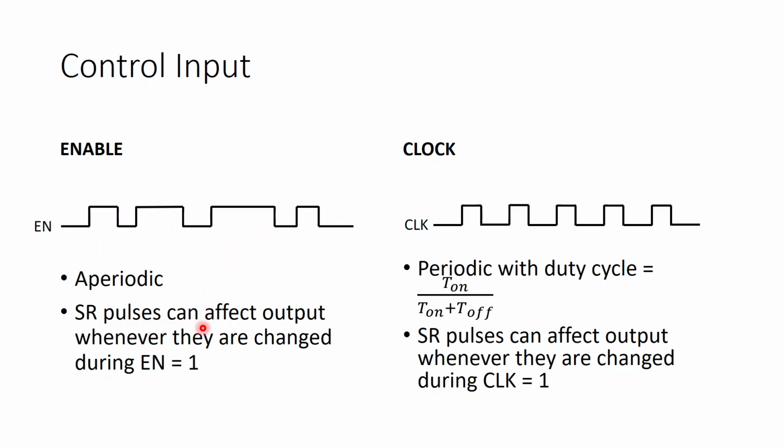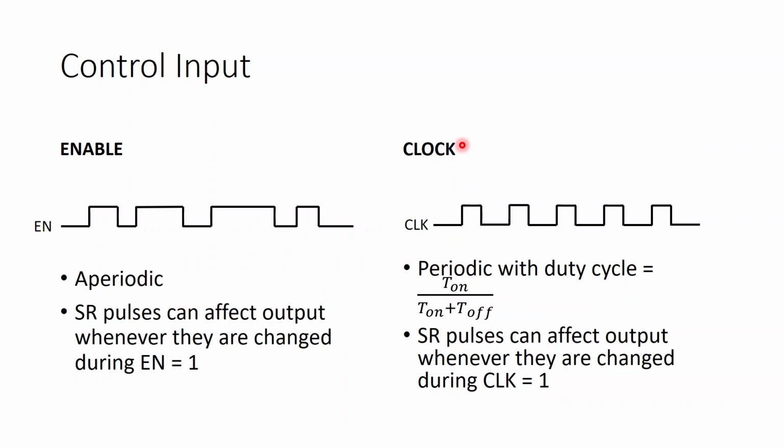The SR pulses will affect the output whenever they are changed during EN equals 1. Of course EN must be 1, but during this time whenever you are changing S and R, your output is changing. It does not depend on your change of enable anymore.